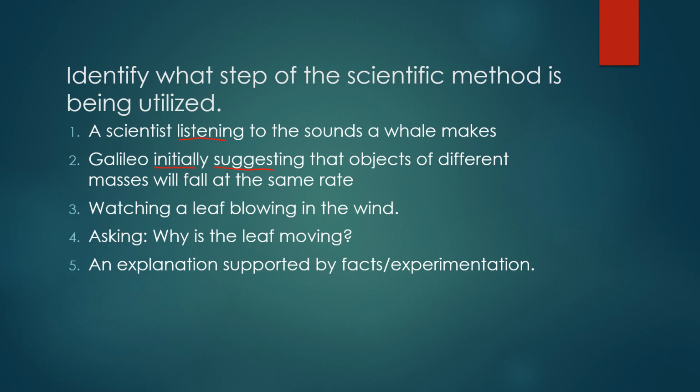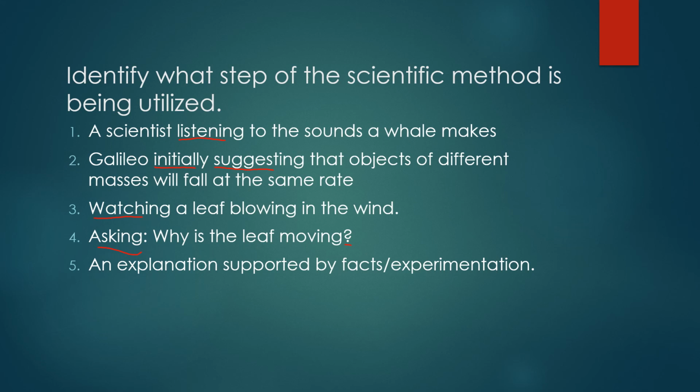Number 3, watching a leaf blowing in the wind. Once again, watching, that's one of the senses, right? We're seeing something, so that would be an observation. Number 4 should be pretty easy. Asking, there's your big clue there. Also, if they don't have the word asking, we have a question mark. Question mark would be the question part of the scientific method.